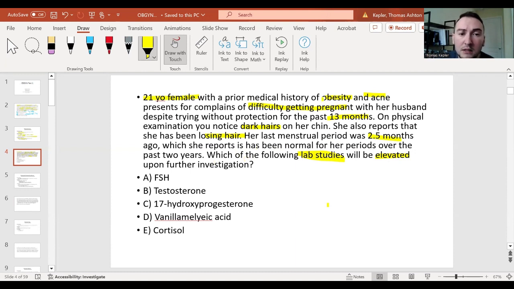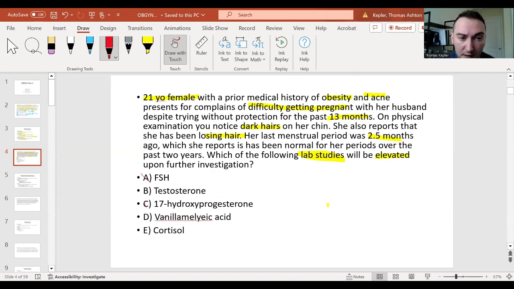So this woman has obesity, acne, difficulty getting pregnant, and hirsutism, right? This makes me think about PCOS. In PCOS, we know we're going to see an increased LH to FSH ratio, so our FSH is actually going to be lower. 17-hydroxyprogesterone goes with congenital adrenal hyperplasia, the non-classic congenital adrenal hyperplasia.